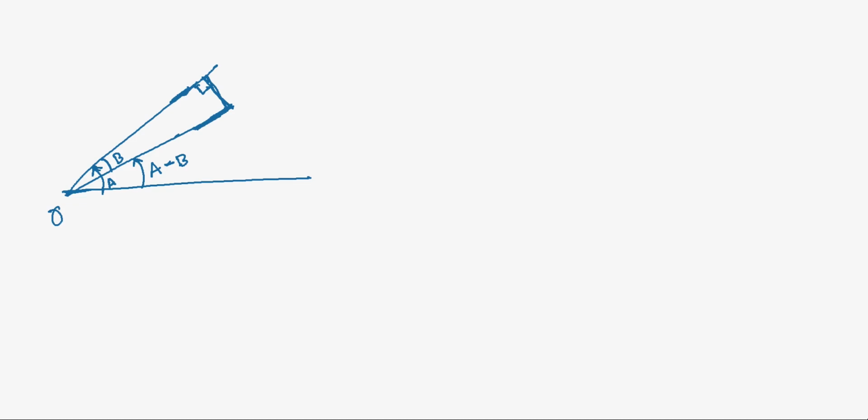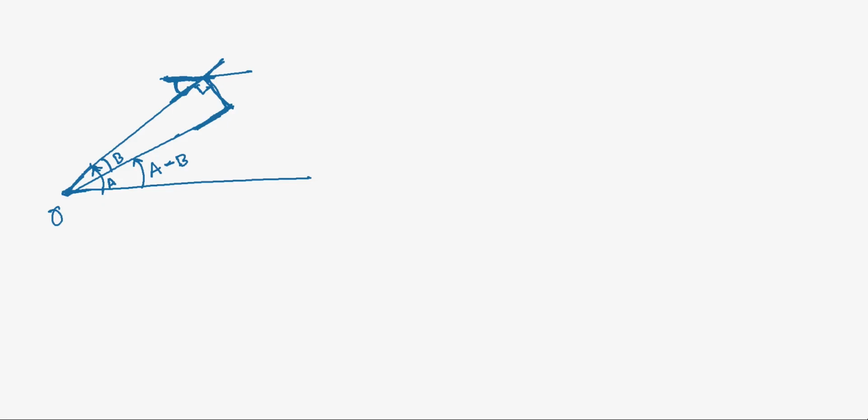Then we can always say this angle, if you see this angle will be our 90 minus. No, this is the line. This line is actually parallel to the ground.